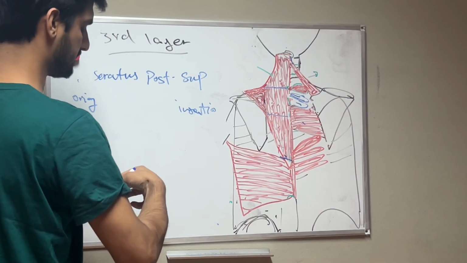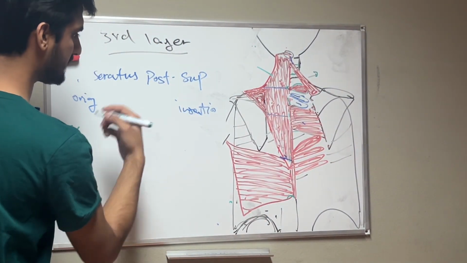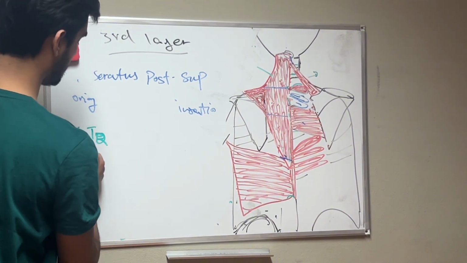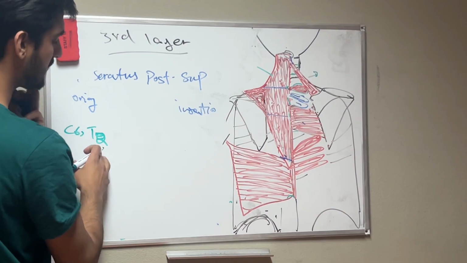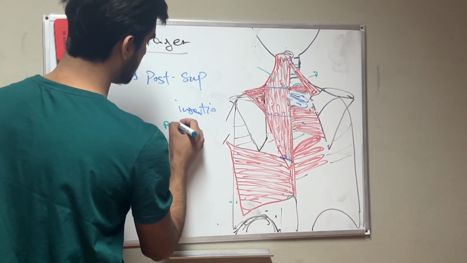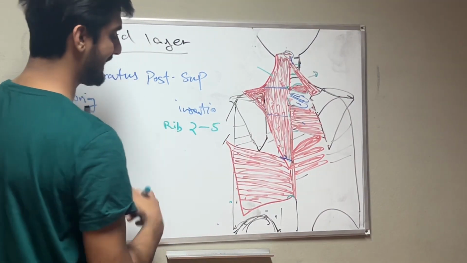Okay, origin from the spine process of C6 to T2 thoracic vertebra. Okay, C6 spine process to T2 thoracic vertebra, and inserted into the rib 2 to rib 5 external surface.